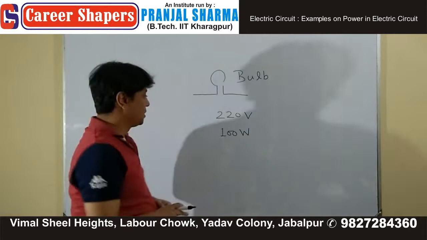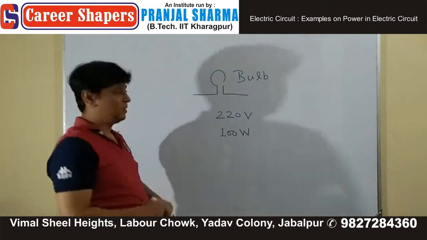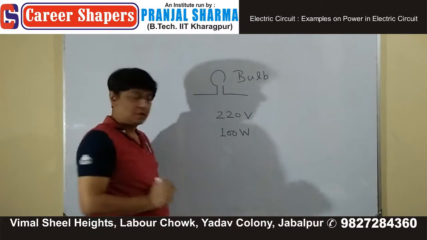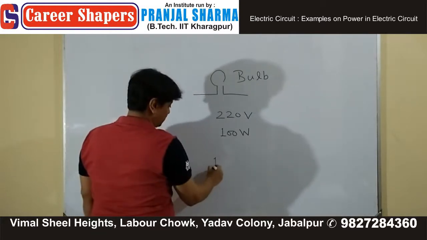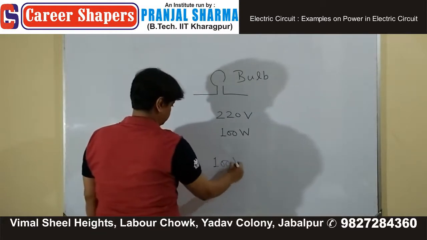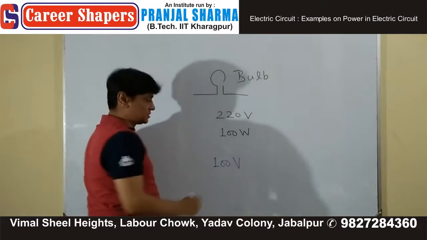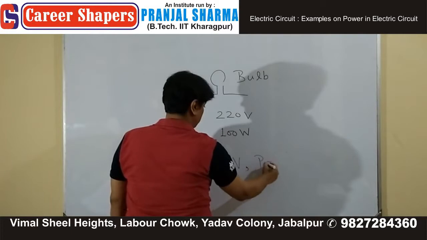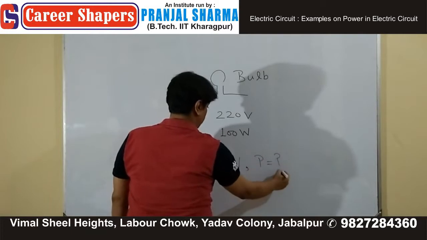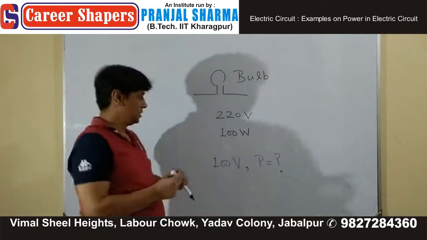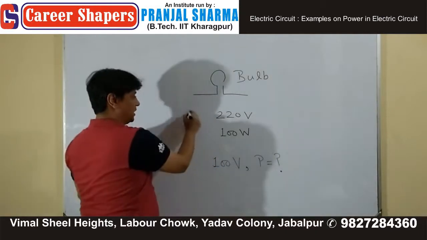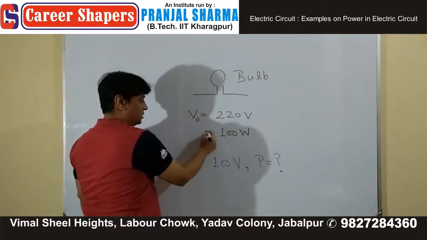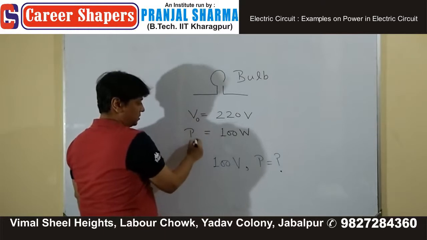Now, when you connect this bulb to a 100 volt supply, the question is, what will be the new power output? Let's call it standard voltage V0, standard power P0.